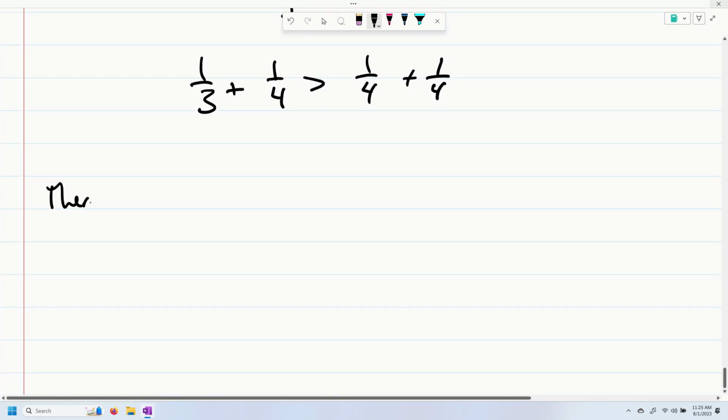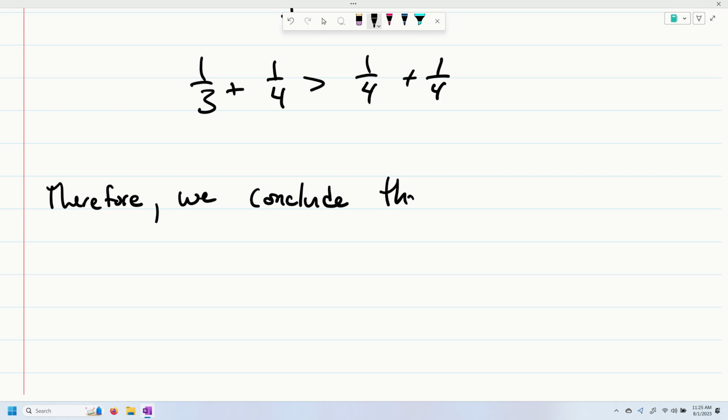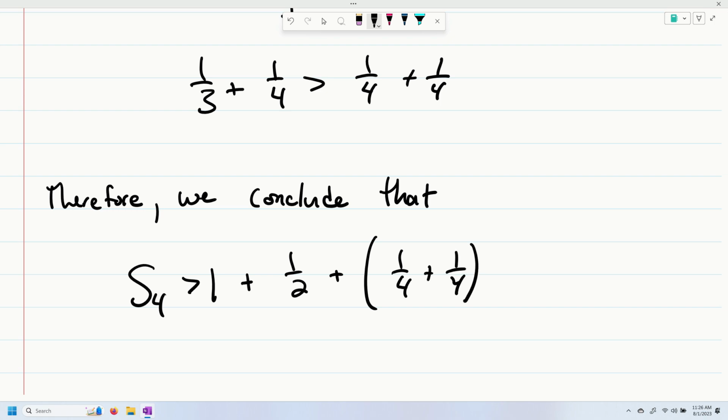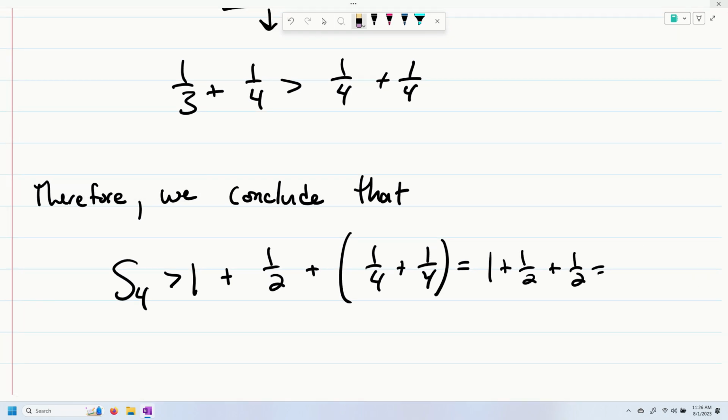Therefore, we're going to conclude that the fourth partial sum is greater than 1 plus 1/2 plus 1/4 plus 1/4, which is equal to 1 plus 1/2 plus 1/2, which is equal to 1 plus 2 times 1/2, or 1 plus 1, which equals 2.